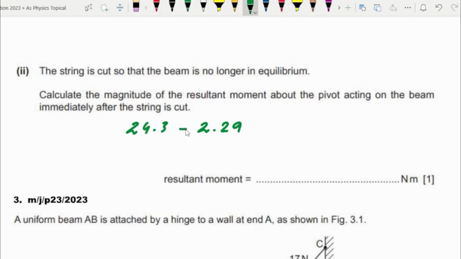We can subtract these two, and what do we get? 24.3 minus 2.28, we get 22.02. So in 2SF we can write it as 22. So 22 Newton meter is the clockwise moment of force. That is the resultant moment.